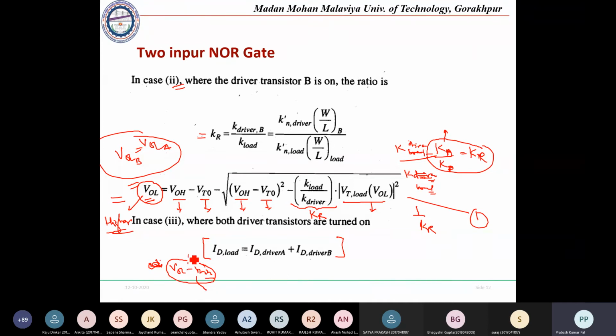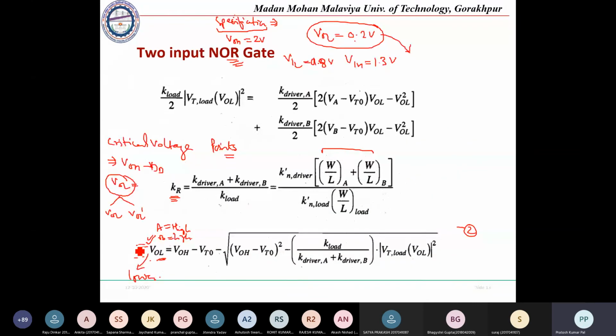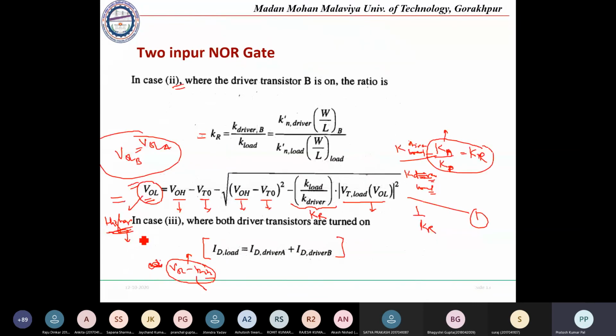That's why the VOL obtained by using this equation is the maximum, the higher value. Once this higher VOL equation is satisfied, then the lower equation will always be satisfied. So in the VOL calculation, we will use this equation to find out the VOL value.